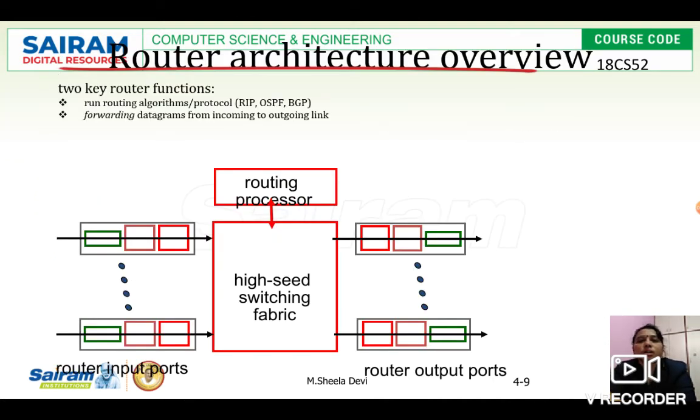And what is inside the router? That's what we are going to see. What are the two functions of a router? One is it calculates the routing table with the help of the routing algorithm and the protocol. That is the first function. And it helps to forward the datagram from the incoming link to the outgoing link.